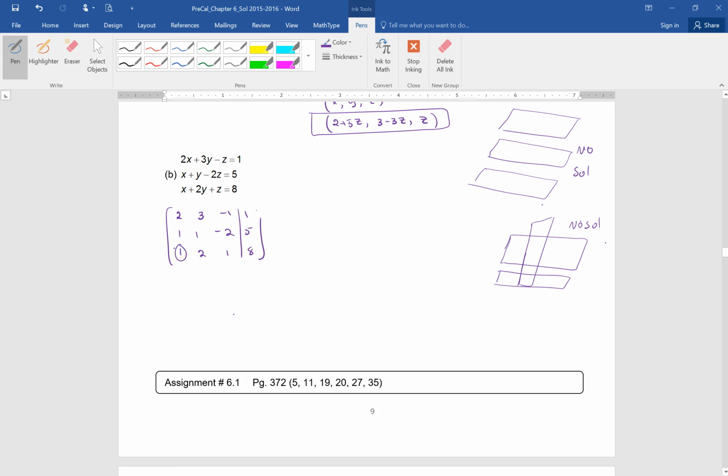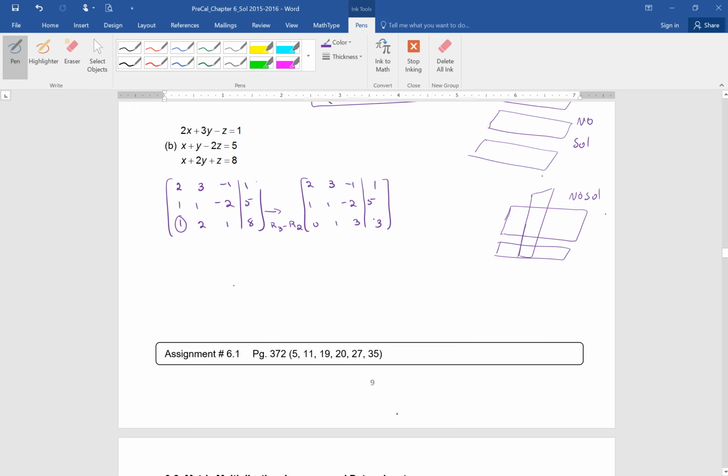And I'm going to do row 3 minus row 2, so I get a positive here. It doesn't matter. You can do it any which way. 0, 1, 3, 3. 1, 1, negative 2, 5. Those remained unchanged.